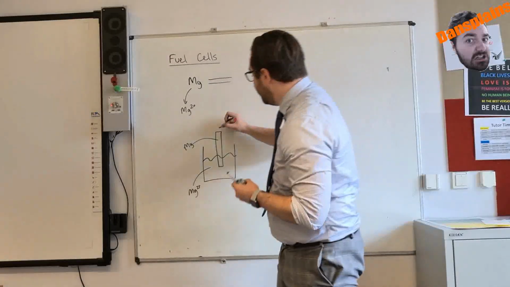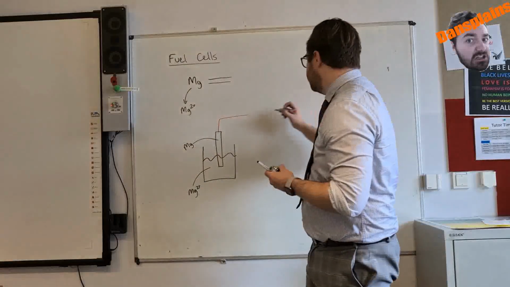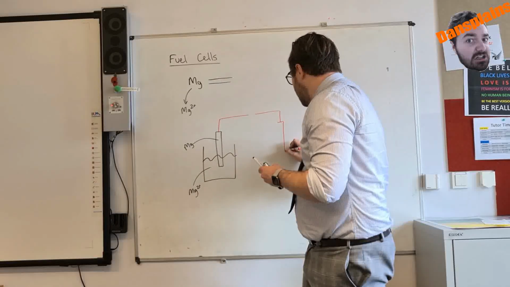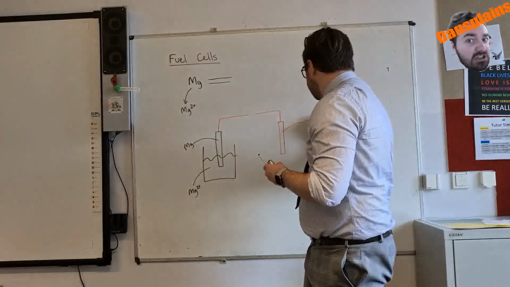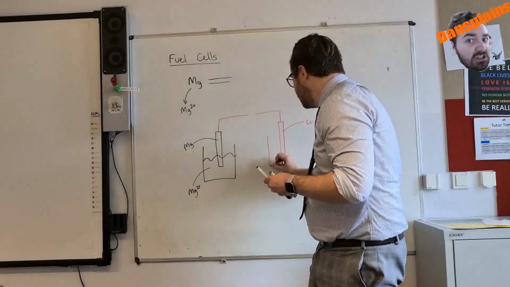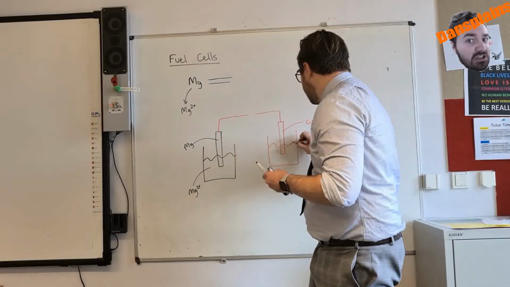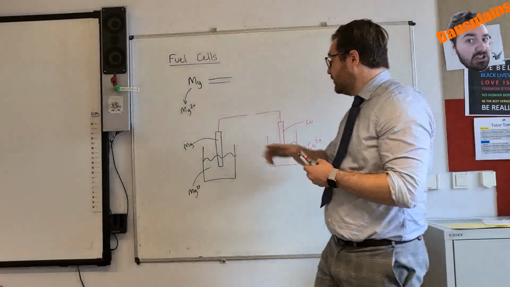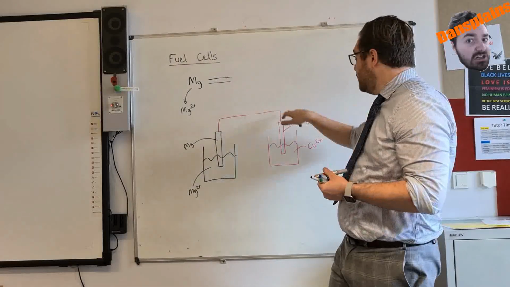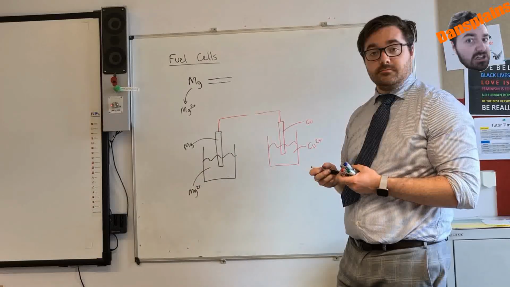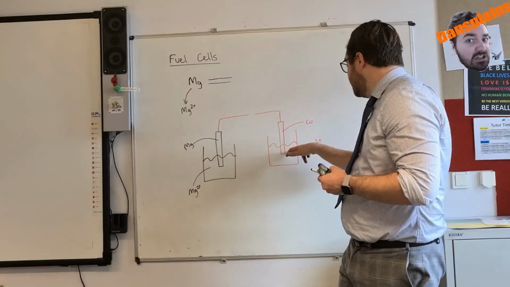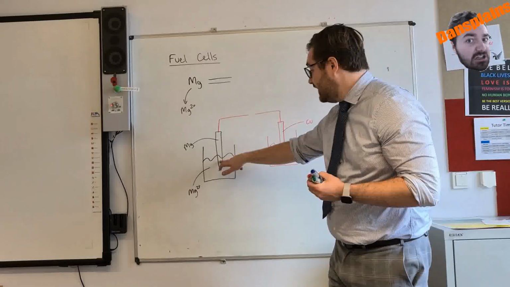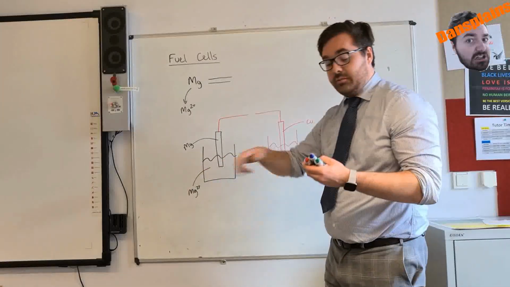This then needs to be connected through to an area where I have copper and copper 2+. So this allows for the electrons to move from the magnesium through to the copper. When they hit the copper, they combine with the copper 2+ and make it into solid copper. The magnesium will therefore move into the solution and become magnesium 2+.